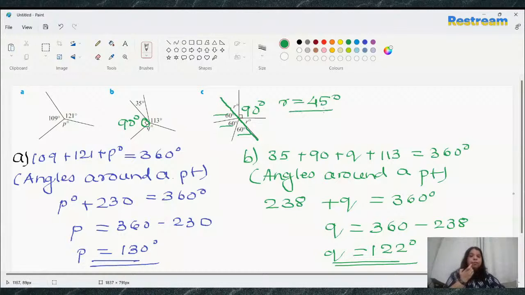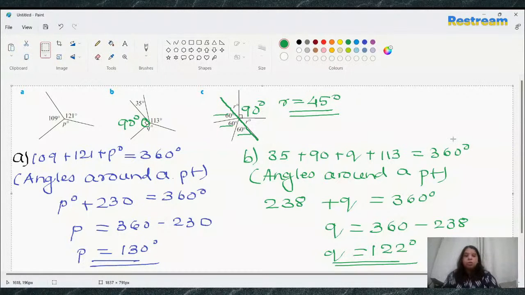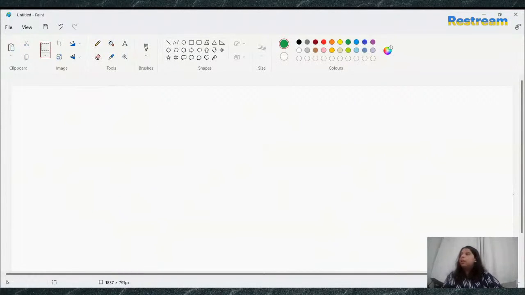So R is equal to 45 degrees. So these kind of questions are pretty simple actually if you know how to look at the angles. Okay, we have not yet entered into vertically opposite angles, but still it's okay. So we are going to try more questions on this. Okay, and then we are going to stop for today.